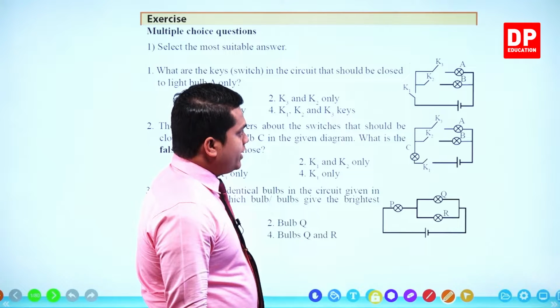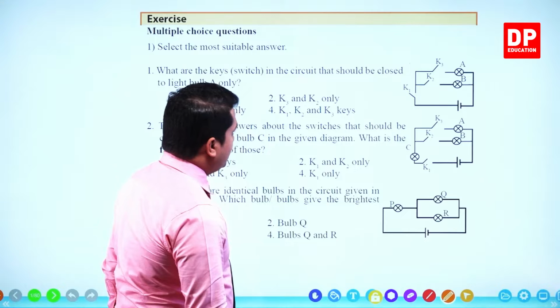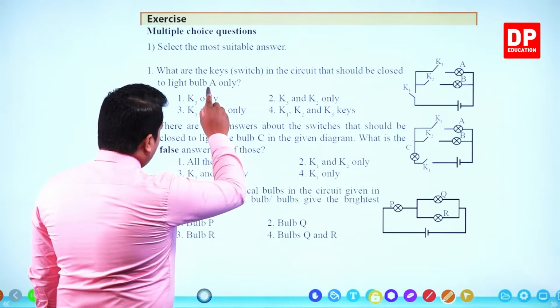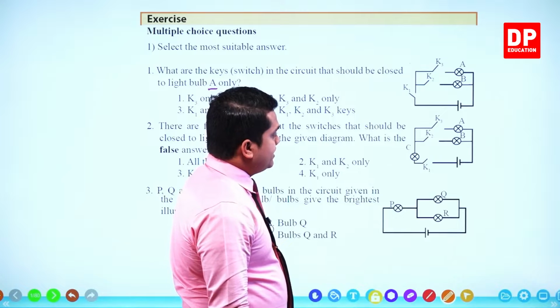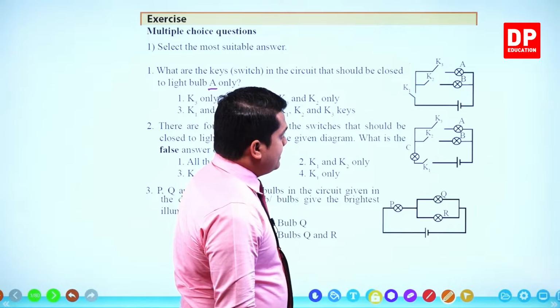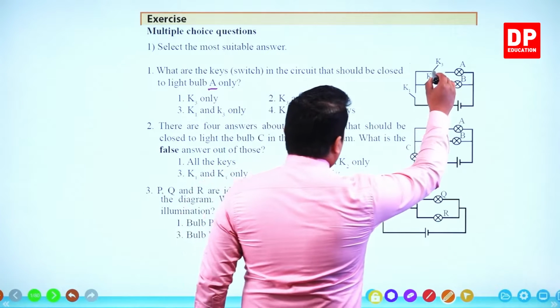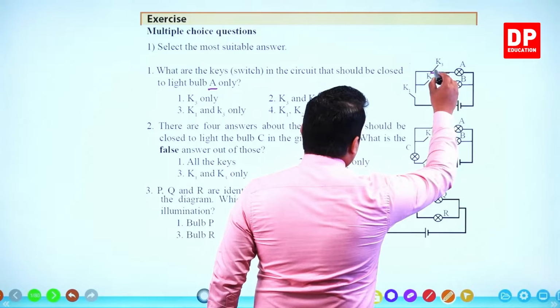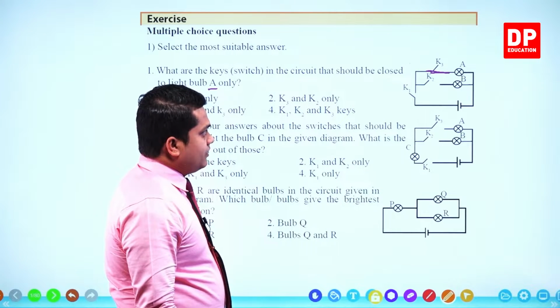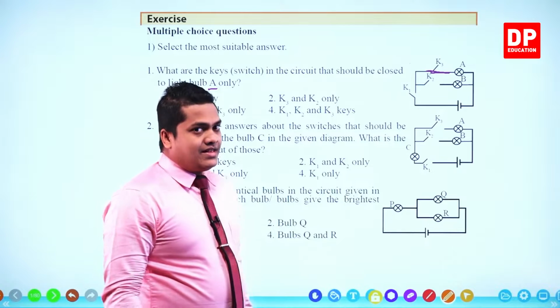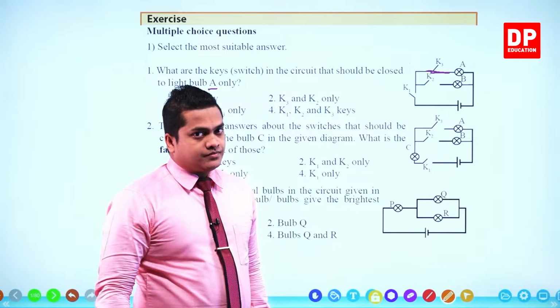In order to provide electricity to bulb A, definitely this K3 switch should be closed like this. We have to close the K3 switch.